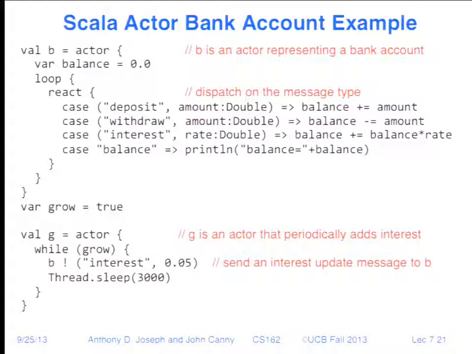And here's a simple actor that also, this is the message passing syntax here, sends a message to the main bank account asking it to add a certain amount of interest, and then sleeps for a while. So this program basically creates an account and updates it periodically. You notice there's no synchronization, even though there is shared state which can be accessed by many different actors, but the message queues guarantee that it's consistent.